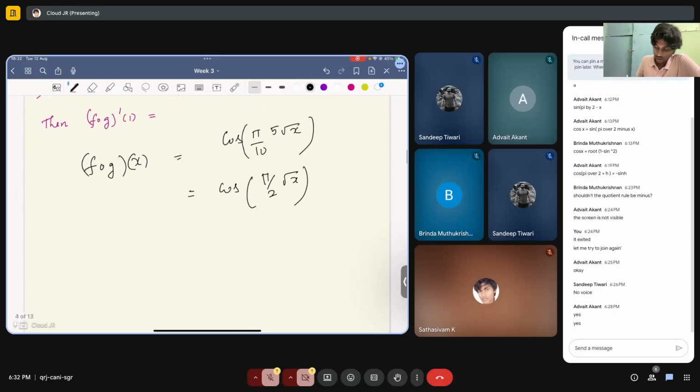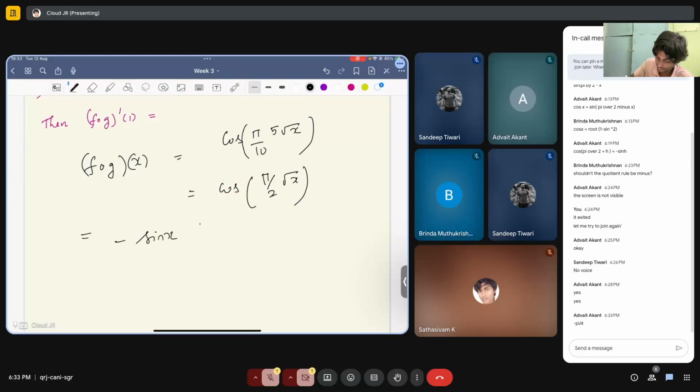Okay. So if you want to compute the derivative, if you look here, this is a composition of two functions, so let's use the chain rule. First you take the derivative of cos, which is minus sin, and then you evaluate at the same point.